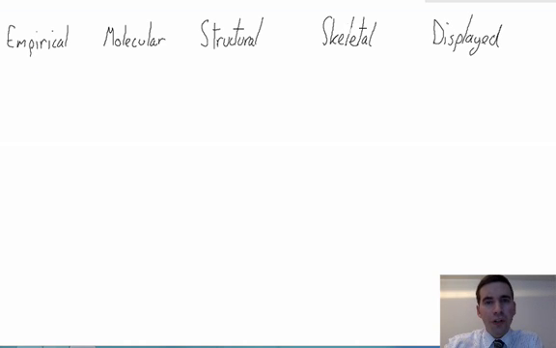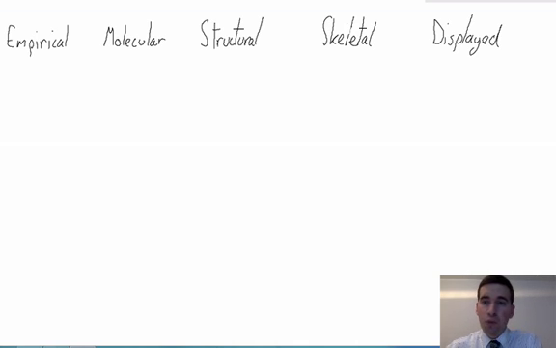Now it's very important that you learn all of these names, as it's very common in the exam questions for them to ask for one of these formulae to be given as your answer. So even if you have the right information, but you've chosen the wrong formulae, you might not get the marks. So they normally ask for one of these formulae, or they sometimes ask you to draw the molecule.